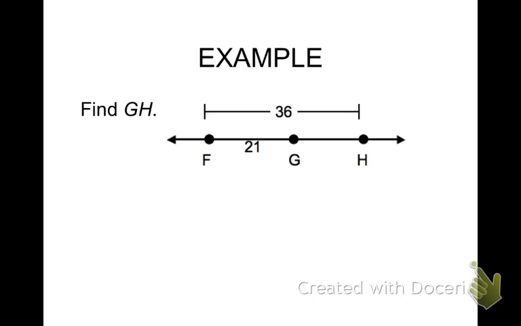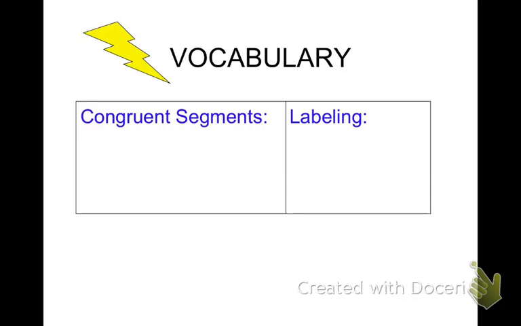The last thing we have to cover is what we call congruent segments. So congruent segments are line segments that have the same length.